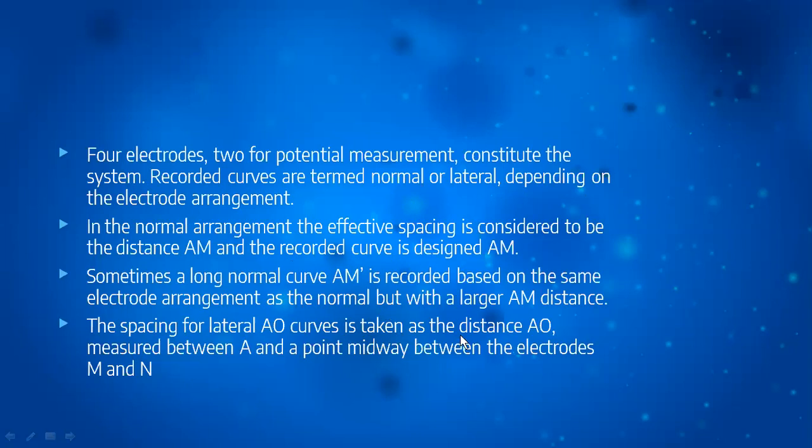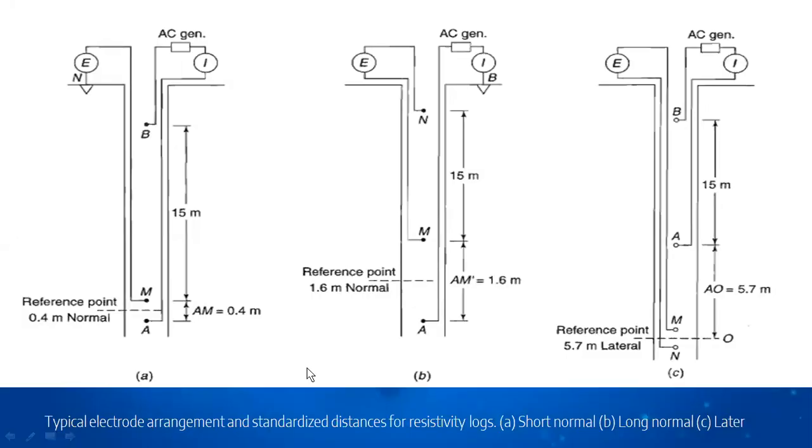The spacing of a lateral A0 curve is taken as the distance A0 measured between A and a point midway between the electrodes M and N. See here, three types: short normal, long normal, and lateral.